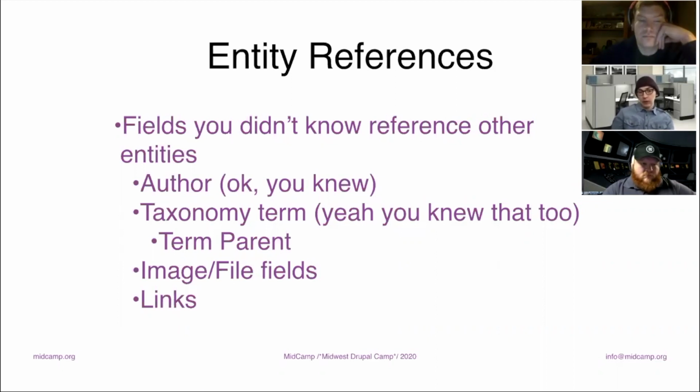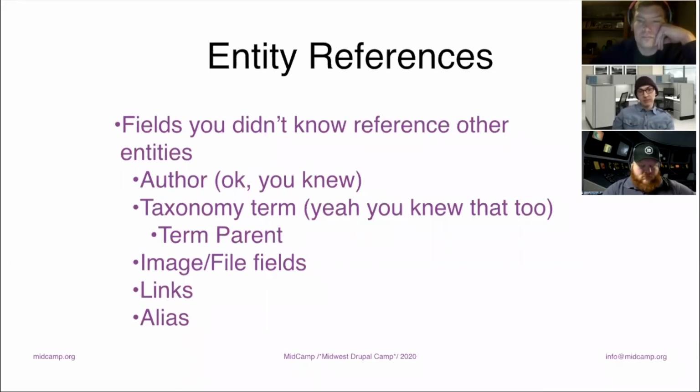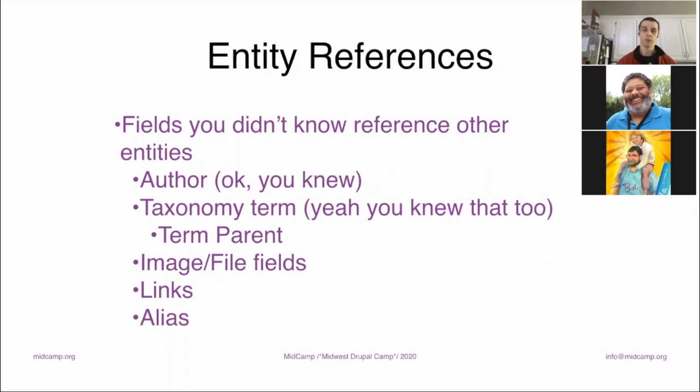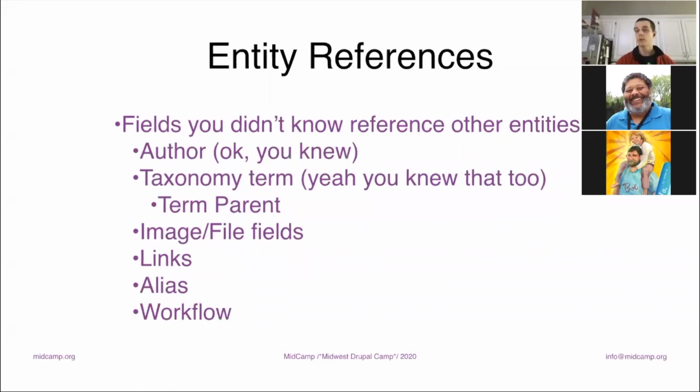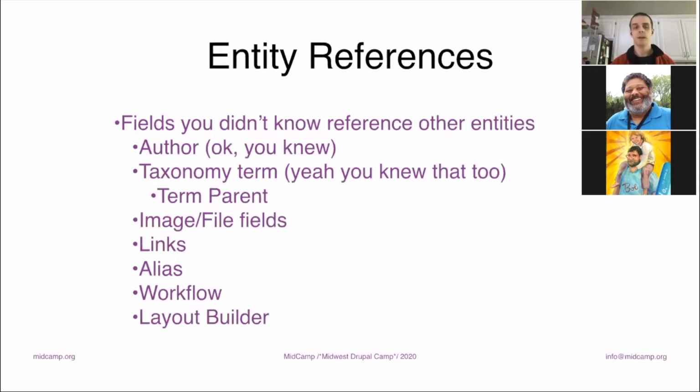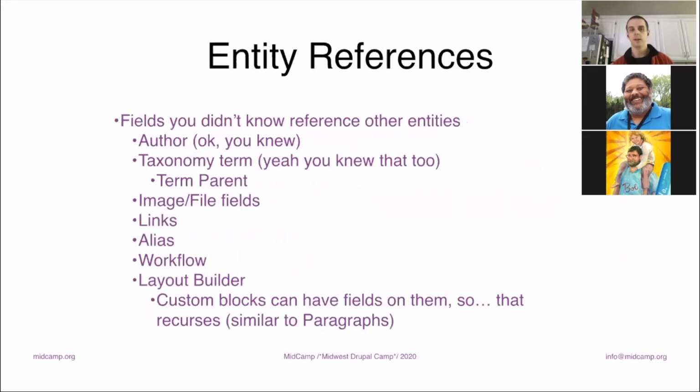As of Drupal 8.8, path aliases. These are entities, and they're revisionable entities. So that's worth knowing. The underlying workflow, if you're doing any sort of workflow management for your content, these are all entities too. Then Layout Builder. I mentioned I helped build Layout Builder, and underneath the hood, Layout Builder can reference a whole bunch of things.